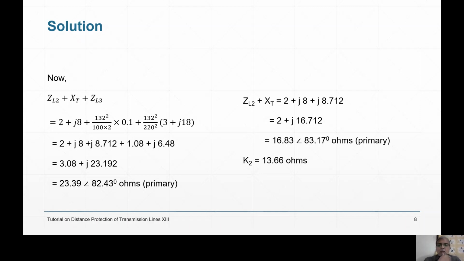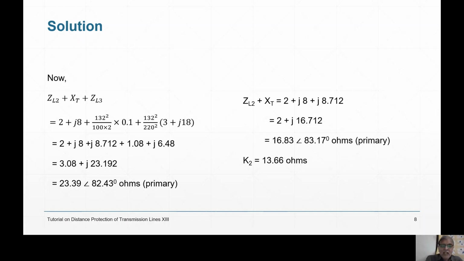So ZL2 plus XT is 2 plus J16.72, 16.83 angle 83.17 primary. So the angle lies between 82.53 and 83.17.